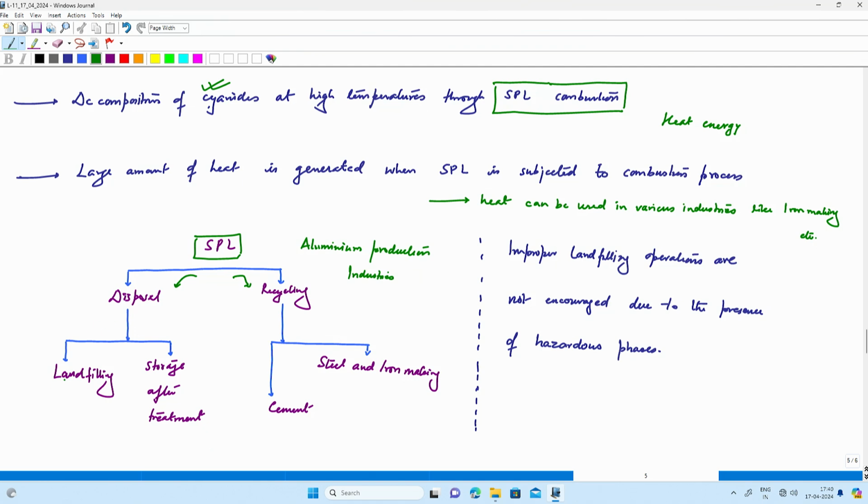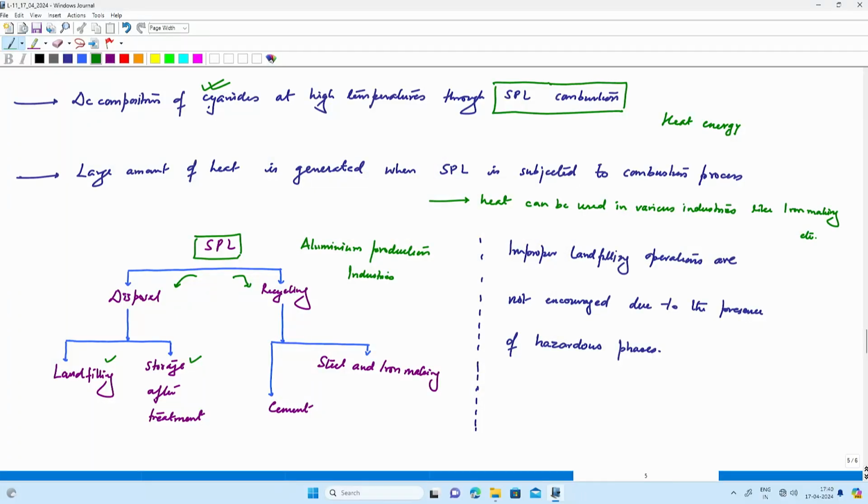So both the routes are possible. We have landfilling and storage after treatment. The treatment would be maybe, let's say, removal of some amount of fluorides and cyanides by washing. This could be some treatment that could be done for SPL, making it less hazardous and relatively more safe for storage.